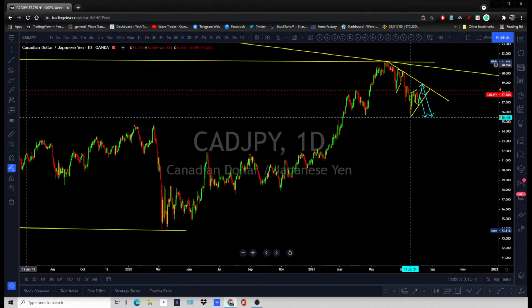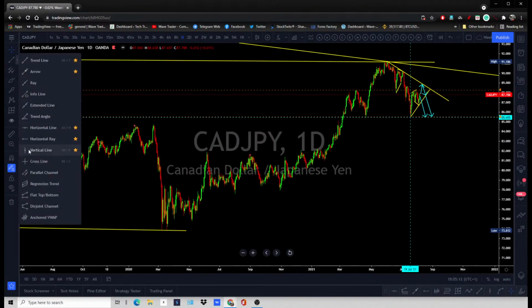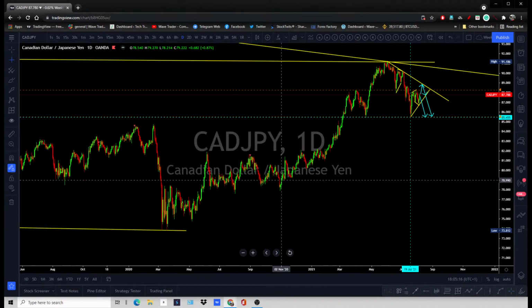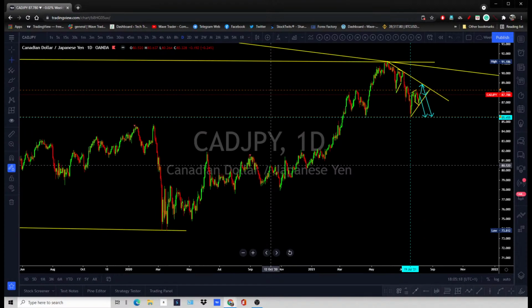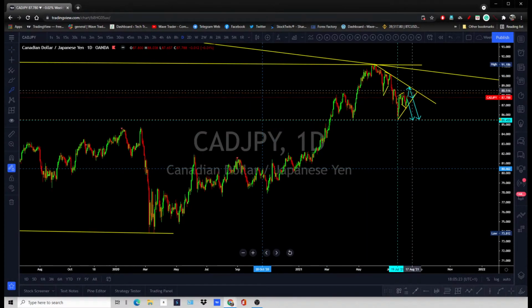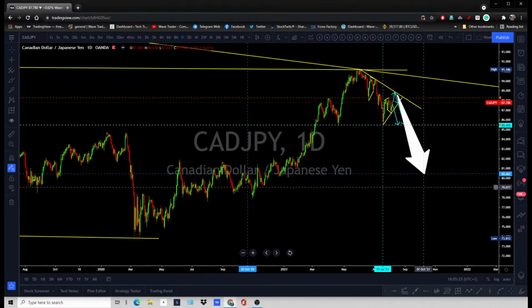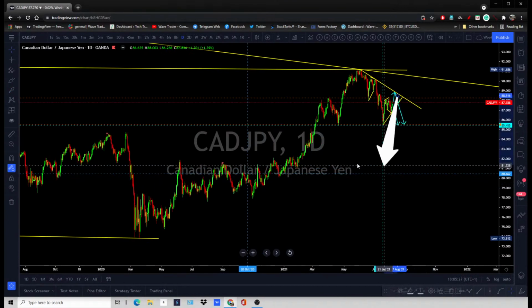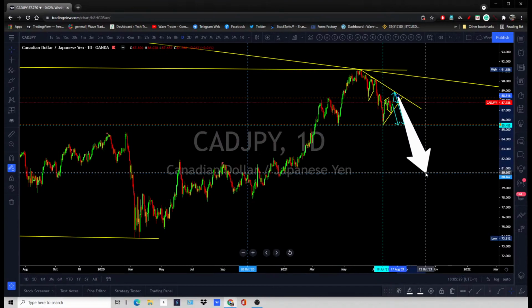We're not going to change our longer term analysis. The longer term analysis is that, as long as fundamentals are supporting that move. Right now fundamentals are supporting that move.